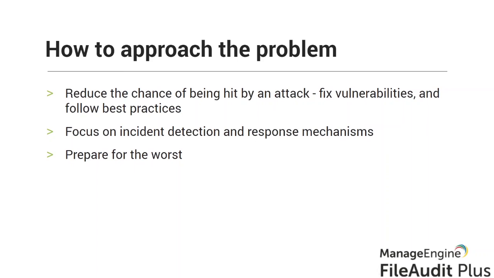So because of that, you can't just rely on fixing vulnerabilities and reducing the odds of being hit by an attack. You have to turn your focus now to detecting and responding to an incident, right?